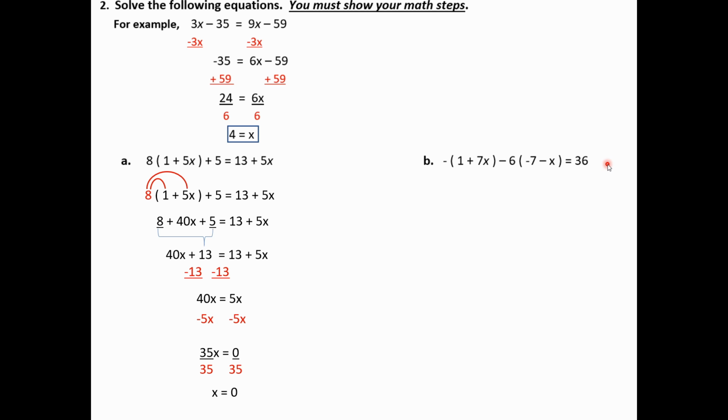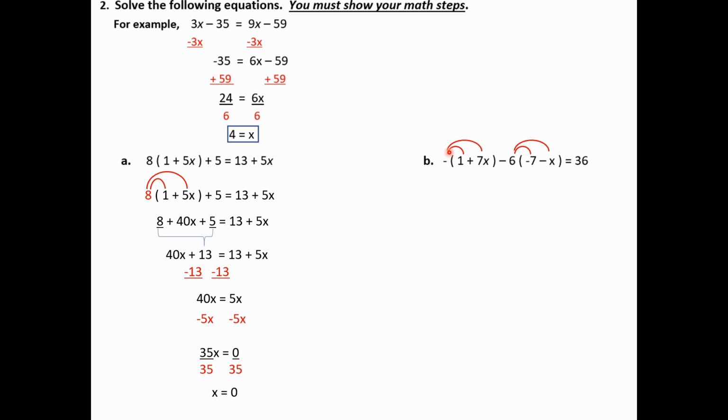Moving on to part B, again I want you to pause here and try on your own. I have another instance where I notice that I need to distribute into these parentheses or brackets, so negative 1 here, this not written, but there would be like having a negative 1 here.